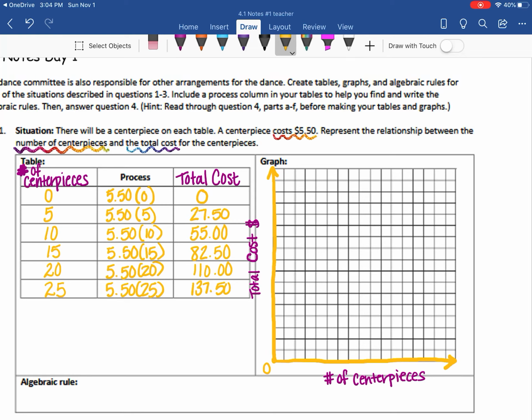I don't want it shoved into this little portion of my graph. So I think I am just going to count by 1s on my x-axis, but I'm not going to make it super messy and label every single tick mark. So I'm actually just going to label every 5th one.